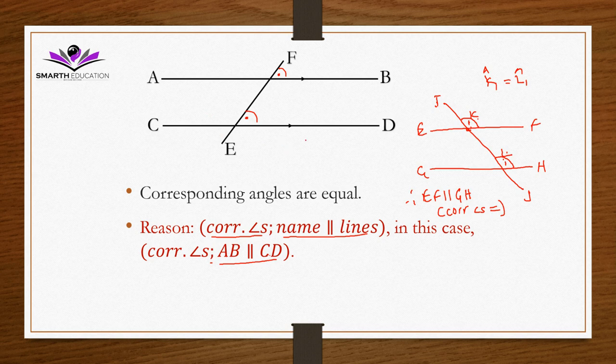Okay, then the converse. Now we are saying this line EF is parallel to line GH since the corresponding angles are equal. So if the lines are parallel, then the corresponding angles are equal. If the corresponding angles are equal, then the lines are parallel. Okay, so understand the difference there.